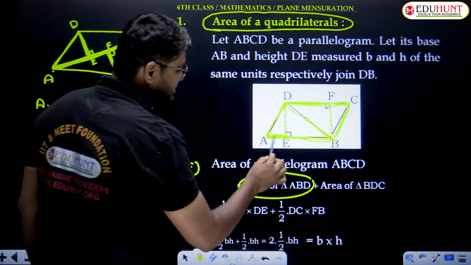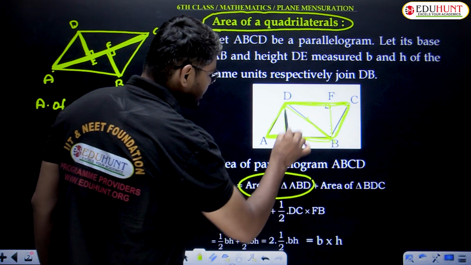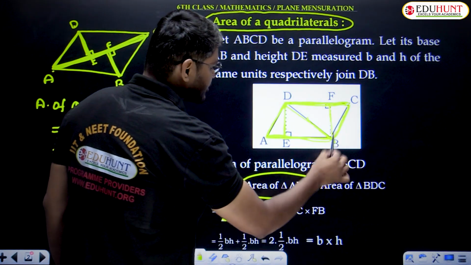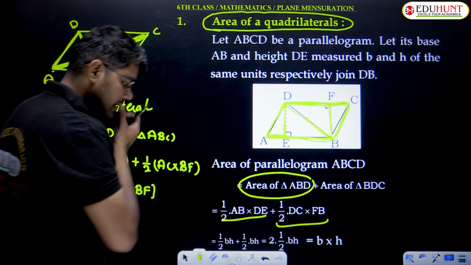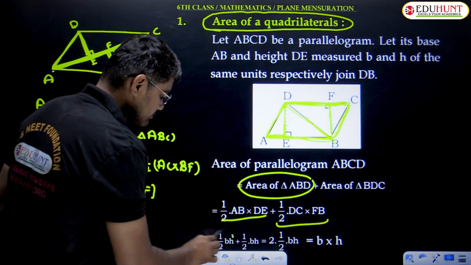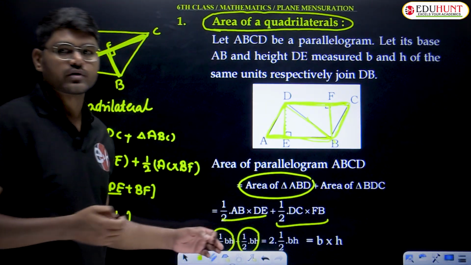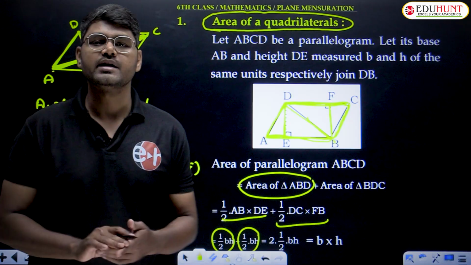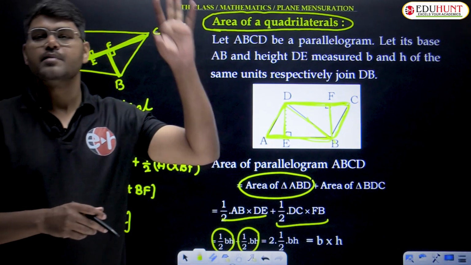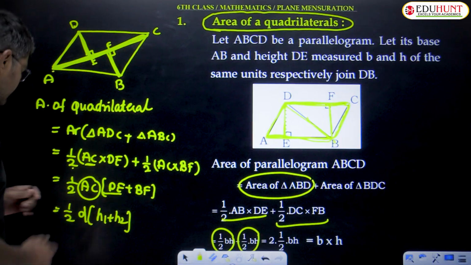So this area is half into AB into DE, half into CD into BF. Here half into base into height, again half into base into height, half BH plus half BH. So area of a parallelogram is base into height.